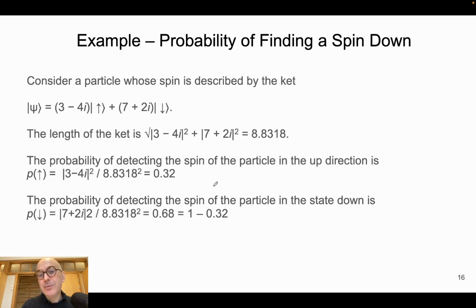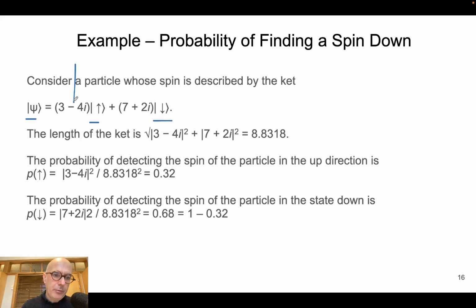Just to finish up with this lecture, I want to give you a simple example on finding the probability of finding spin down. So for instance, consider a particle whose spin is described by the ket. So our quantum state is a superposition of the two states, spin up and spin down.